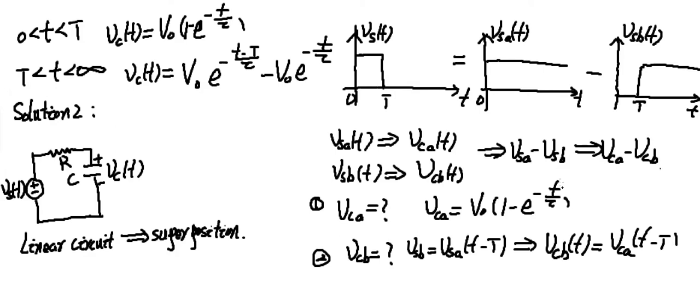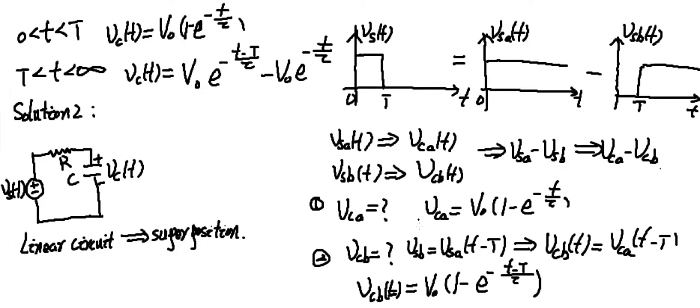So we can just replace the t in the first expression with t minus capital T. So we can easily get the expression of VCB(t) to be equal to V0 (1 minus e^(-(t-T)/tau)).